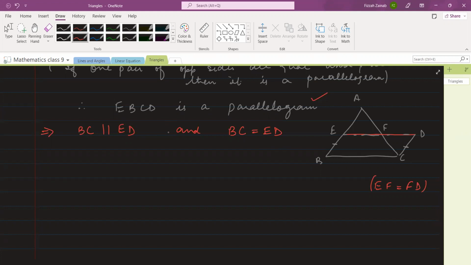Right? Yes, ma'am. Okay. So one by one, from this condition, BC is equal to ED. And we know that EF is equal to FD from result number 2. Right?